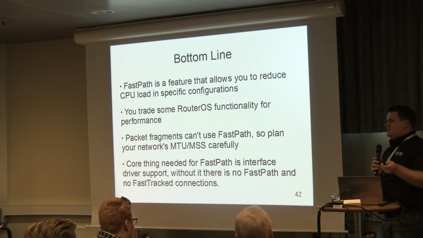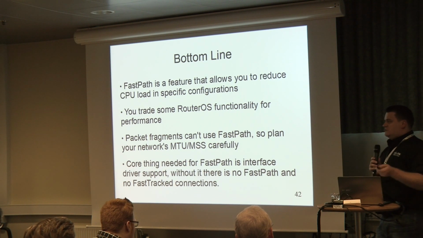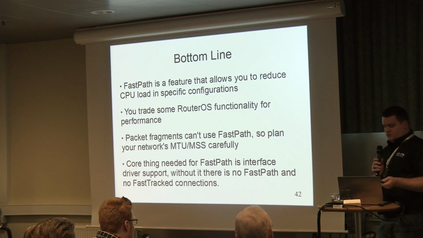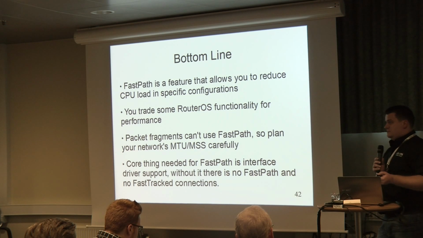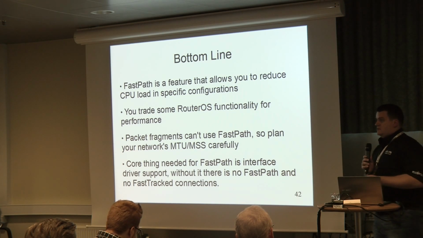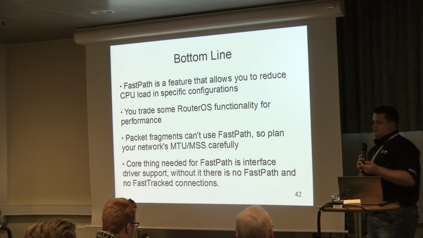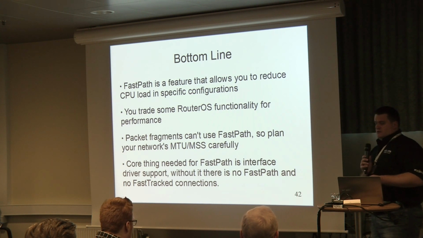My idea here is you can reduce your CPU load if you use FastPath. What you do is basically trade some router functionality for performance. In case you don't use it like a typical home user that doesn't have any queues, just a basic firewall or something, it's basically no questions.